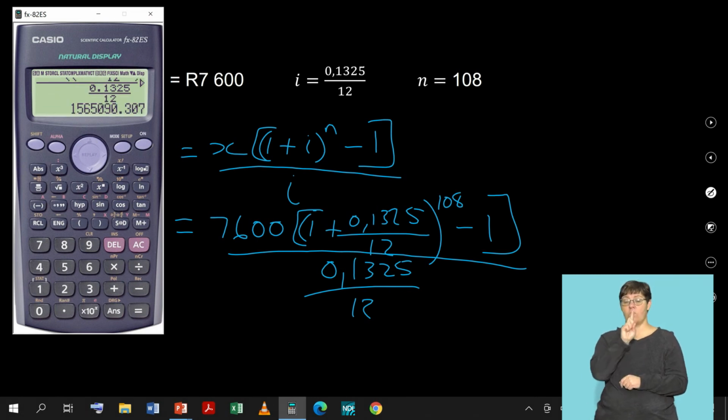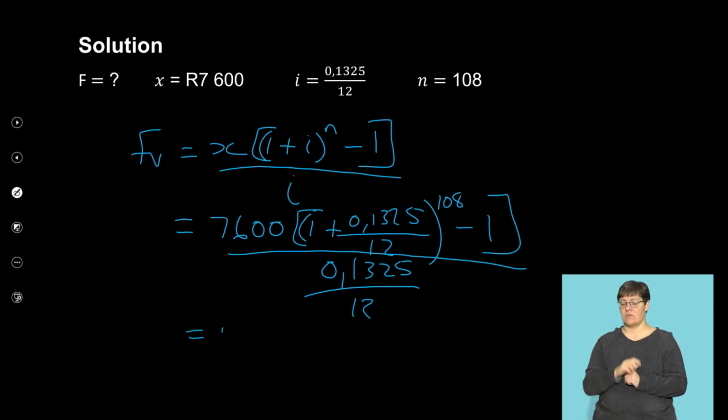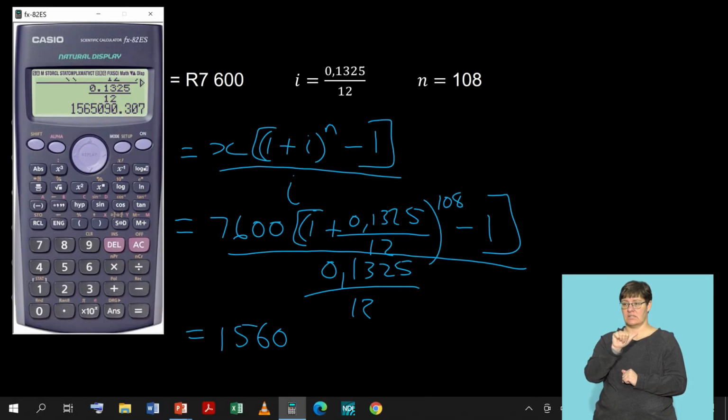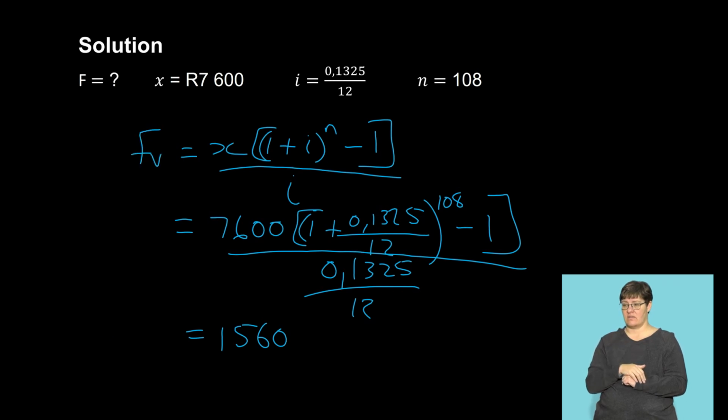And this will then give me that much there, right? So this will be equals to 1,560,565.090. So let's fix that.